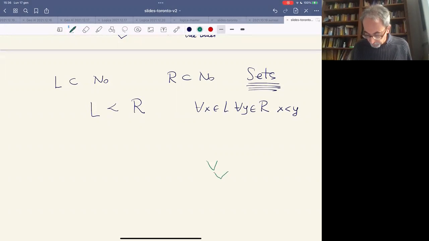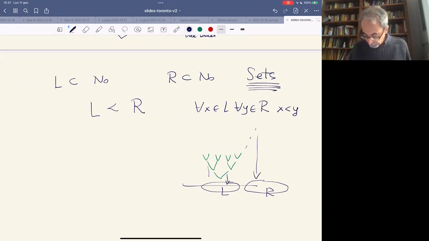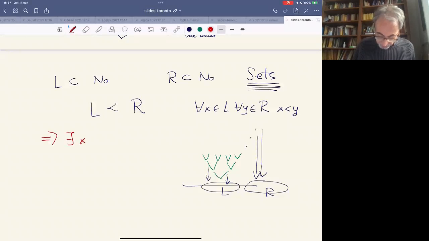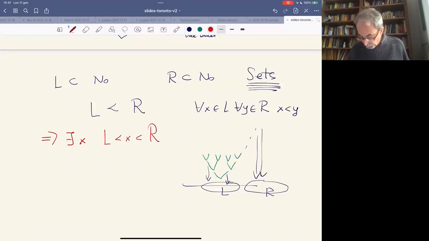You have, again, the tree. You have L, which could be this, and R will be this. If these are sets rather than classes, then there exists X between the two. So you will always be able to find an X here.